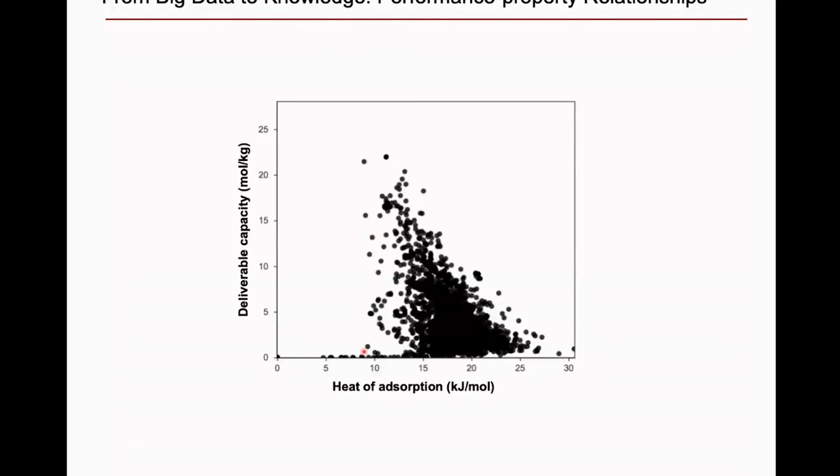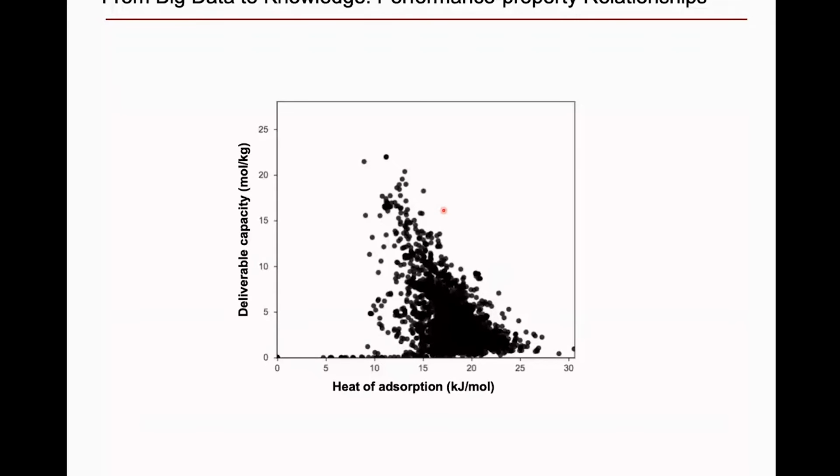Now in this new graph, you can see that there is a clear peak in the oxygen deliverable capacity for materials when the heat of adsorption is around 10 to 15 kilojoules per mole. You can also see the emergence of physical boundaries, right, of your adsorption data cloud.